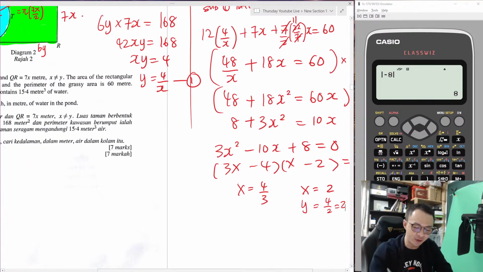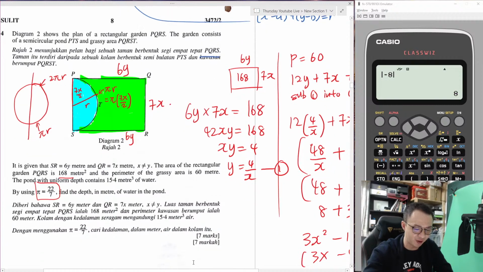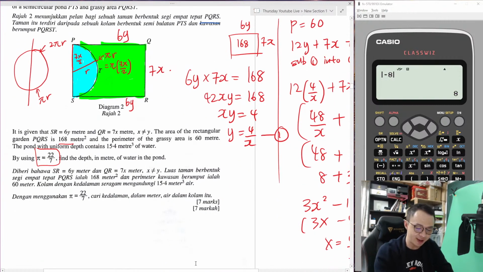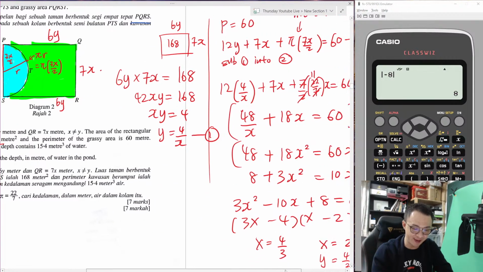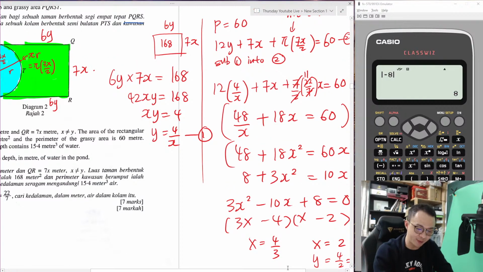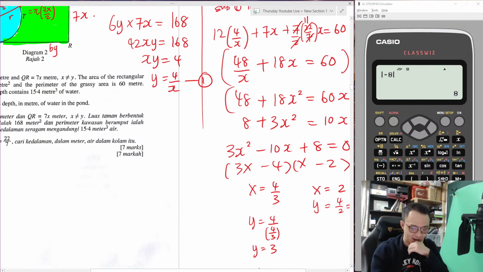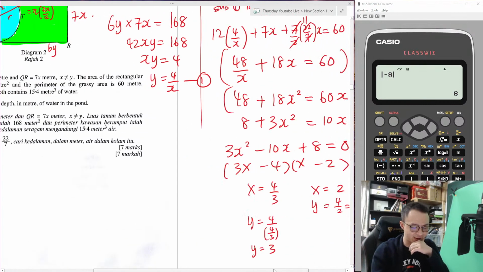When x is 4 over 3, my y is 4 over 4 over 3, so y should be 3. I guess both should be fine unless we have any specific condition. Let's try it out and see if it makes sense or not. I think both answers make sense, right? Or do we only have one answer?